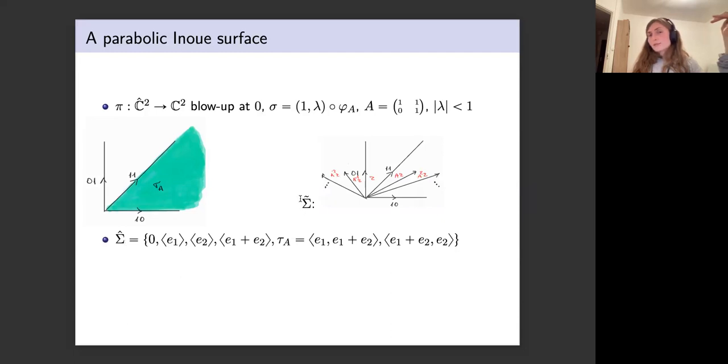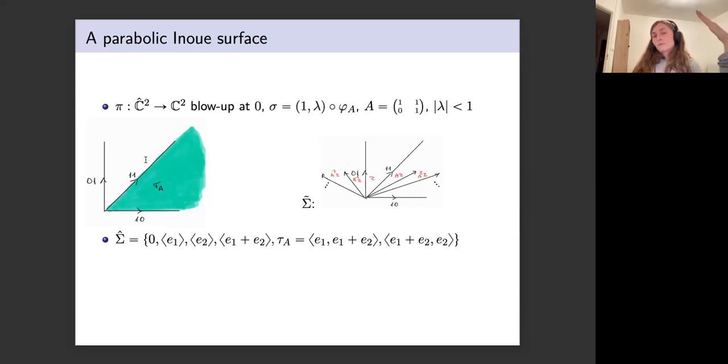But how do you get this infinite fan? You have to remove this cone, tau phi, I mean, it's written sigma here. You have to remove it, and then instead of it, replace it with Z copies of what you have.